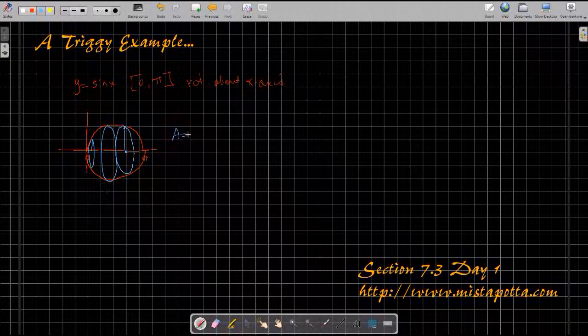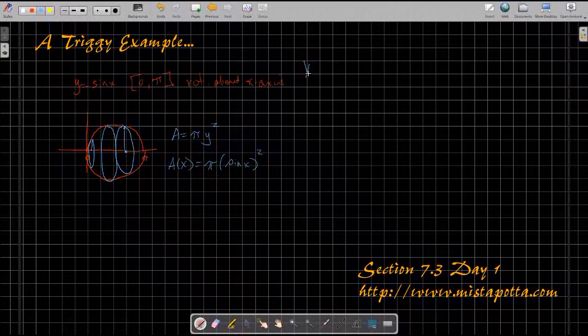So if my area is pi times y squared, I'm going to have my area function as a function of x equal to pi times sine of x squared. And this is what I'm going to have to take the antiderivative of.